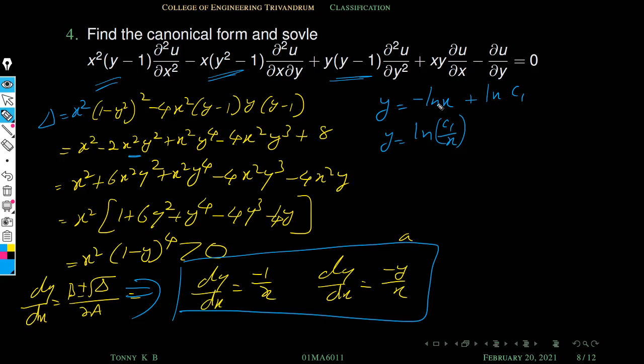Then take the exponential function: e raised to y is equal to e raised to log of c1 by x. e and log are opposite functions, so e raised to log x is x itself. So this becomes c1 by x. Now we have one characteristic like this: x into e raised to y equal to c1. This is the simplest form.